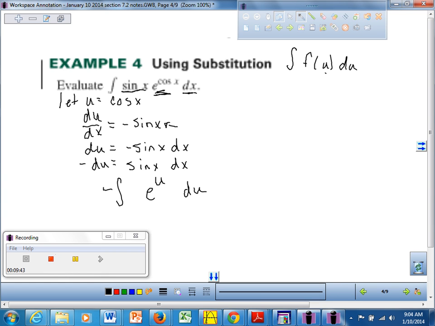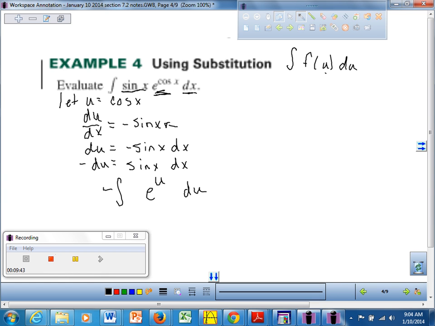So when we move things around, that negative du is exactly the same as sin x dx. Okay? They are exactly the same. It's another way of saying the same thing. So instead of writing sin x dx, I'm writing negative du. And you're doing it so you can put it in terms of the... Right. And a very easy integral to take. Okay? We've simplified this.